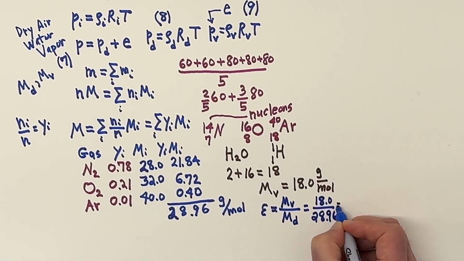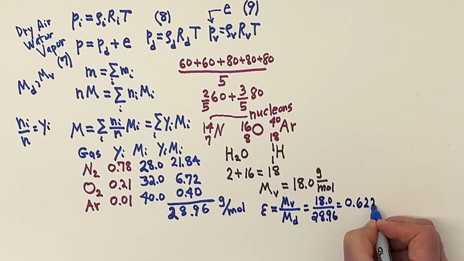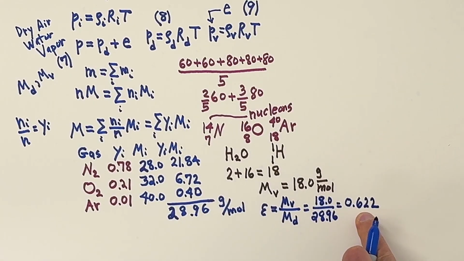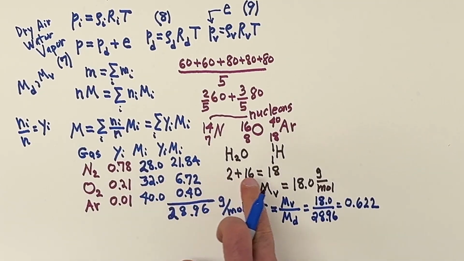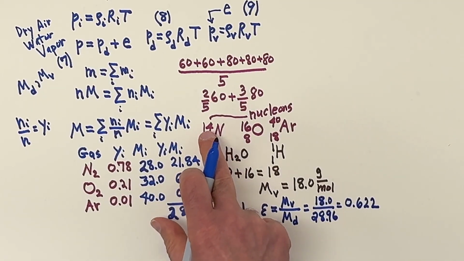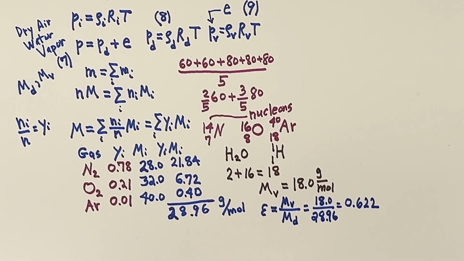And if you do that on a calculator, you get 0.622. And this value holds up if you are more careful with your analysis and look up in the periodic table what's not exactly 14 or 16 because the isotopes are weighted in, the atomic weights, you still get this.